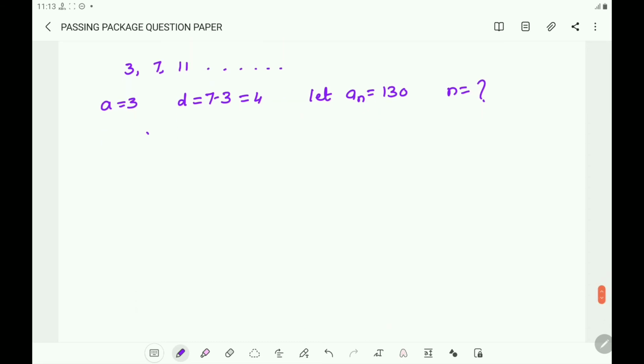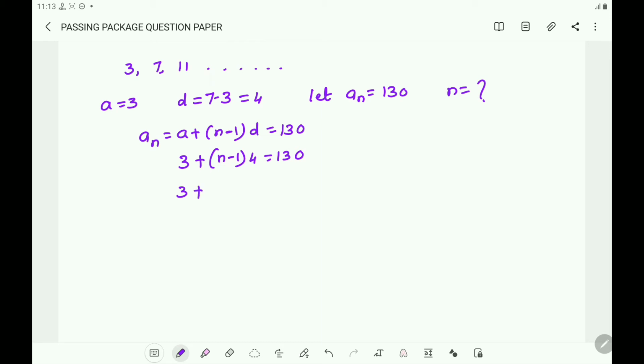Then you write the formula an equals a plus n minus 1 into d, which is equals to 130. Here you have to consider 130 is the nth term, and in the place of a you write 3 plus n minus 1, value of d is 4, that equals 130.